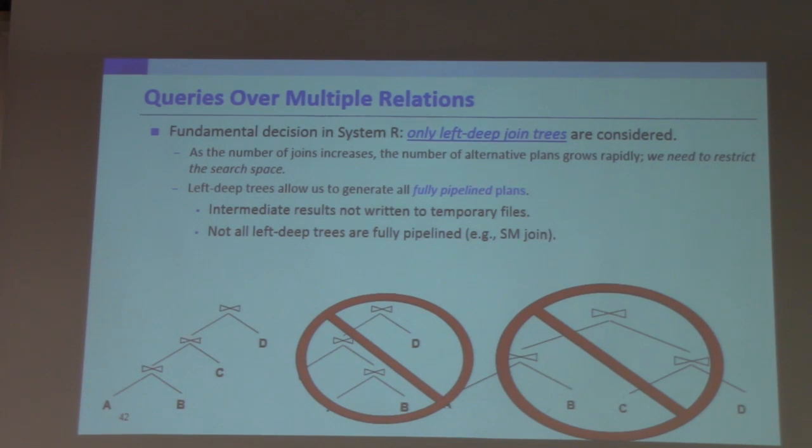And this is without even considering the fact that you may use different algorithms for different operators. And if you consider all these possible combinations, it's a huge combinatorial number. That basically shows you that the plan space is still huge. You still cannot afford to go through every one of them.